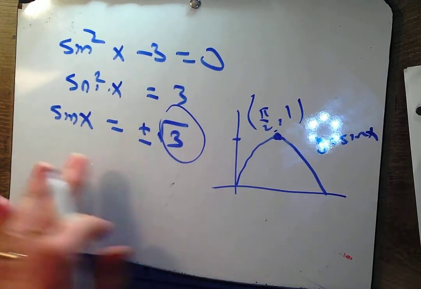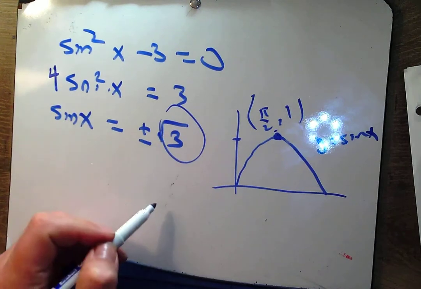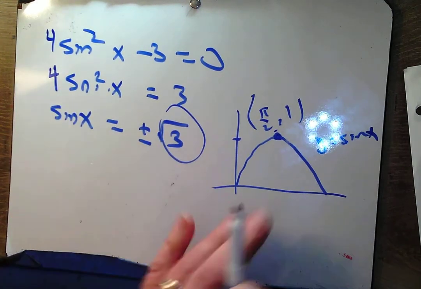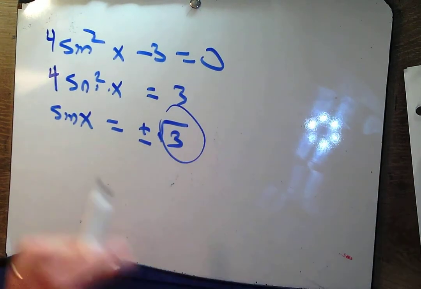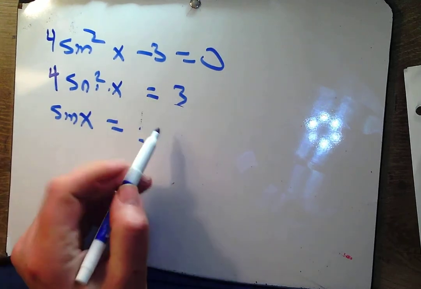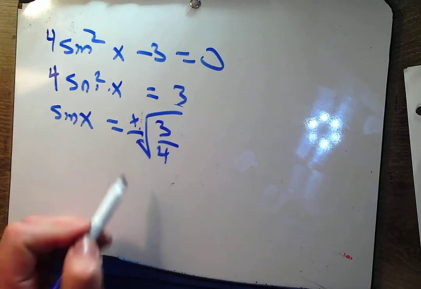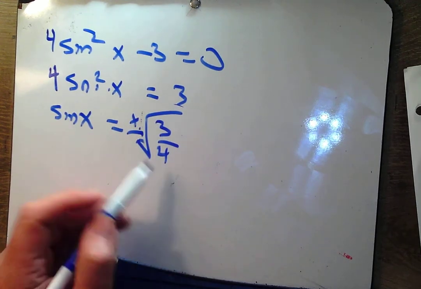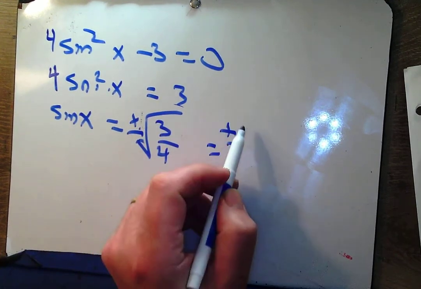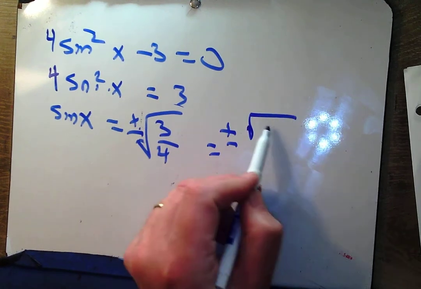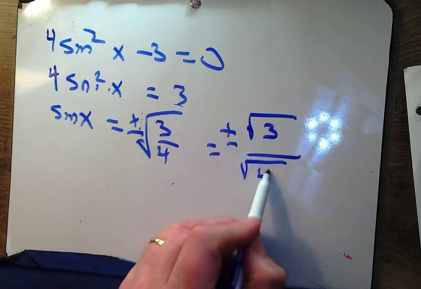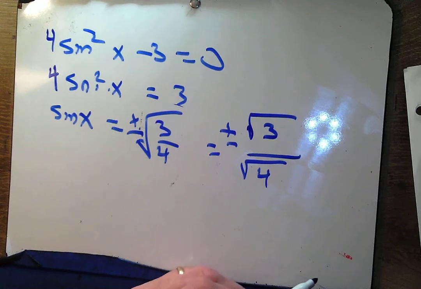Now, if I change this problem a little bit, like put a coefficient here, what happens then? Well, now I've got 3 over 4 that I'm taking the square root of. And some students are stumped here. One of the things we've been talking about is to maybe consider breaking this up into 2 separate radicals.